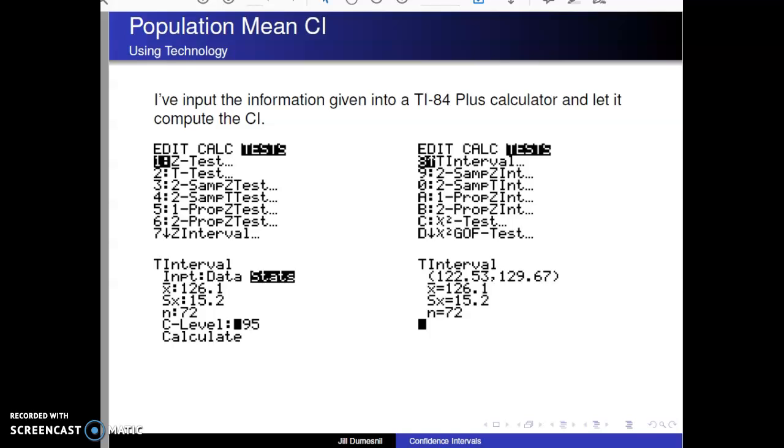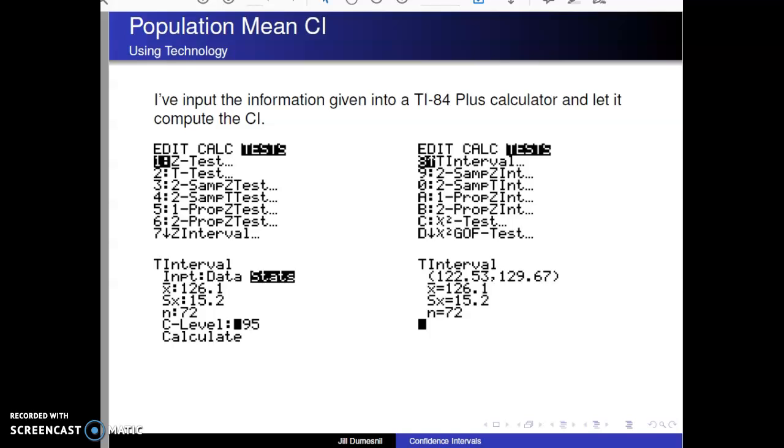We were given the statistics in this problem, so we input x bar equal 126.1, s equal 15.2, and n equal 72. We choose our C level to be 0.95 or 95% and calculate.